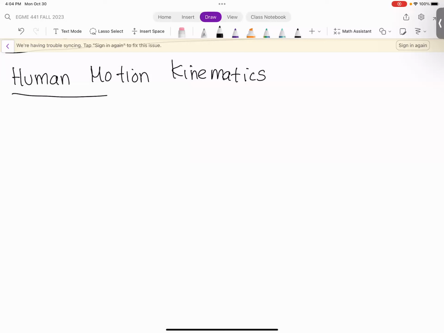Okay. So the topic that we're covering today is human motion kinematics, and let me just remind you what that is. In this section, we're basically focused on one thing. We want to come up with a way to track human motion, quantify it, and measure it in a systematic way.